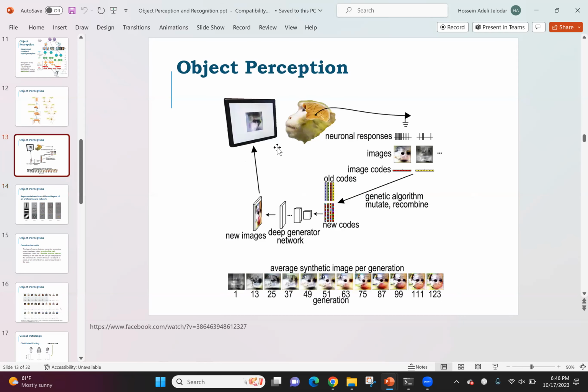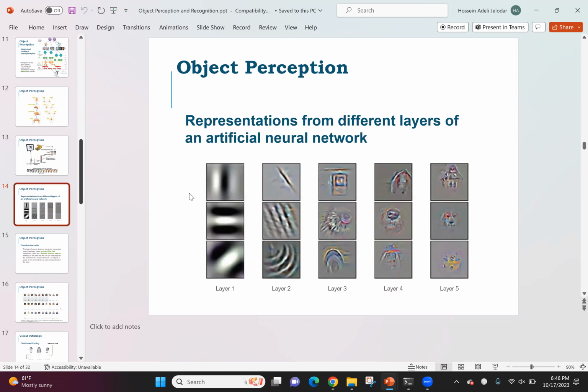Similarly to what you saw here, these people have found cells in the IT that are selective to these categories, but you could see the same thing in an artificial neural network that is trained for object classification. But I just want you to see this hierarchy and imagine something like this potentially happening in the brain too.